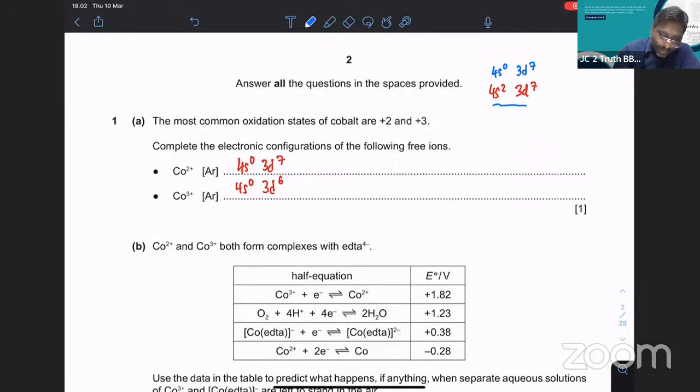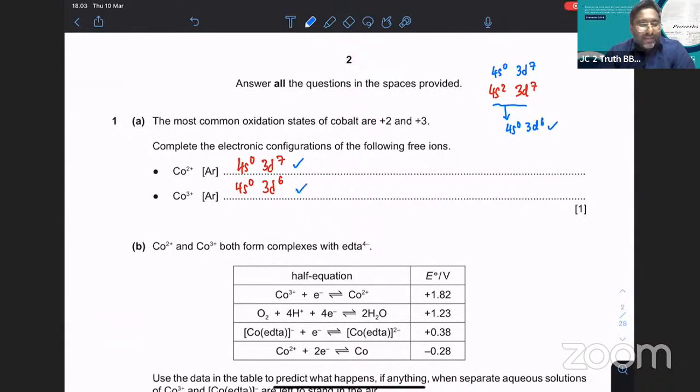You can write it like this, or you can just write 3d7. And if you remove 3 electrons, 2 electrons are removed from 4s, and one more electron is removed from the d orbital. So you are going to get 4s0, 3d6.